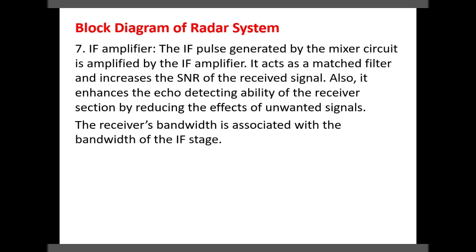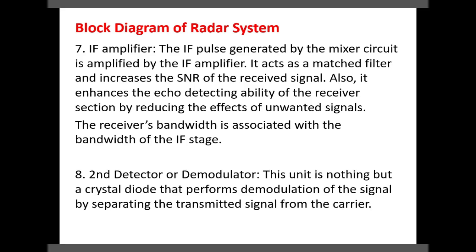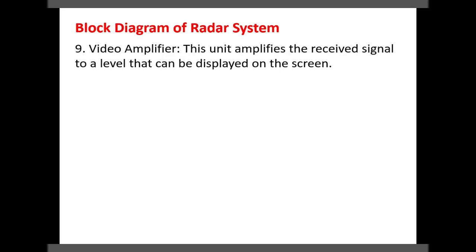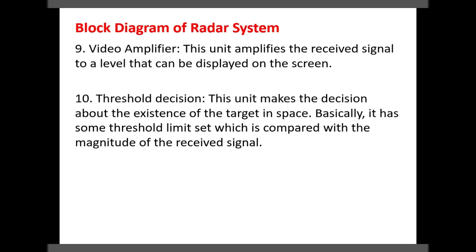The receiver's bandwidth is associated with the bandwidth of the IF stage. Then, the second detector or demodulator. This unit is a crystal diode that performs the demodulation of the signal by separating the transmitted signal from the carrier. The next is the video amplifier. This unit amplifies the received signal to a level that can be displayed on the screen.